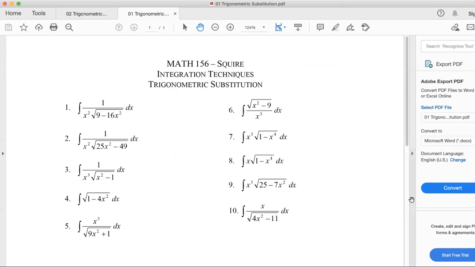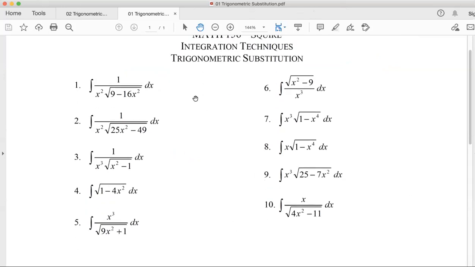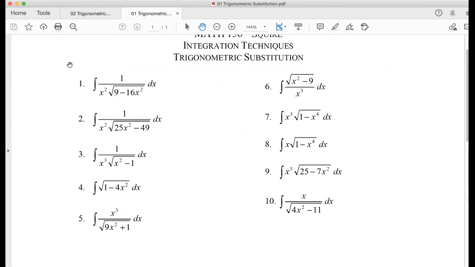All right, so on this worksheet, there are 10 problems, most of which involve trigonometric substitution. A few you have to do U sub instead, to point out the difference between those. What we really need to do is get really comfortable with this process, and you need to practice these.